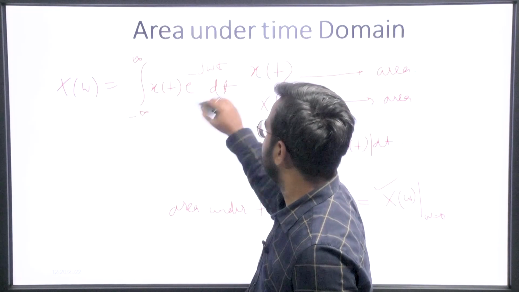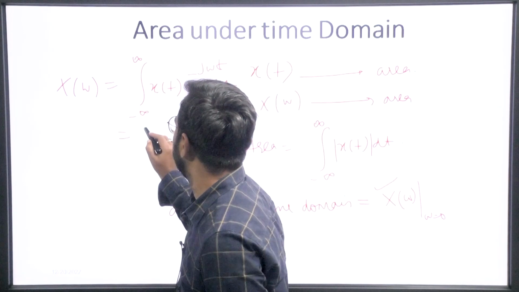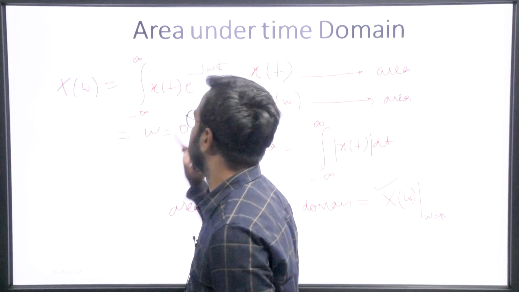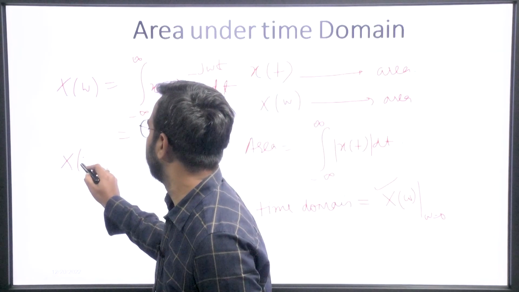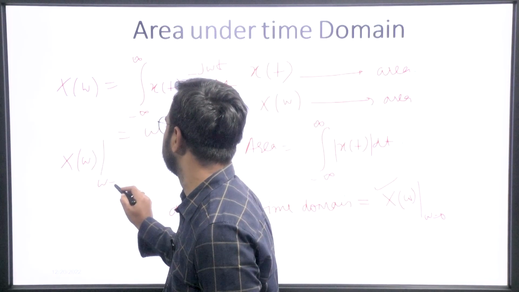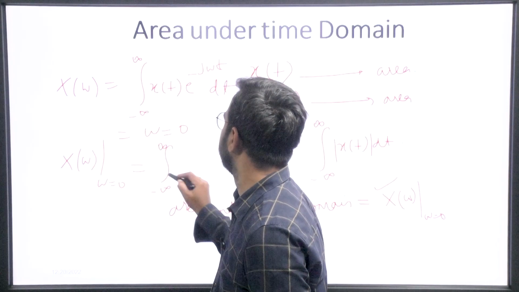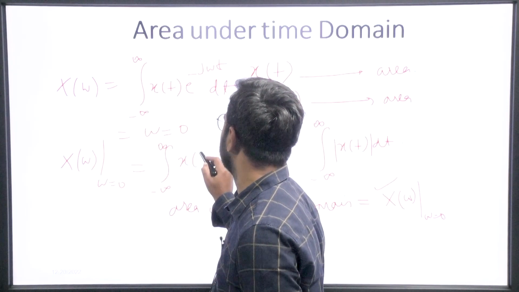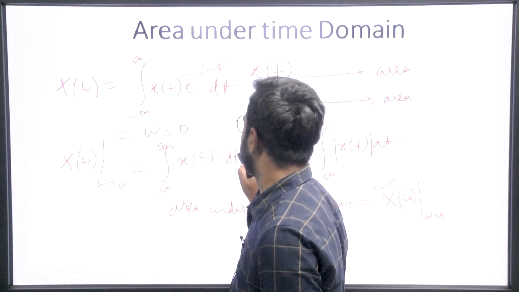Now if in this function we keep omega equal to 0, what will we get? We will get X(omega) at omega equal to 0 is equal to the integral from minus infinity to infinity of x(t), as the exponential becomes 1. So this is basically your area.